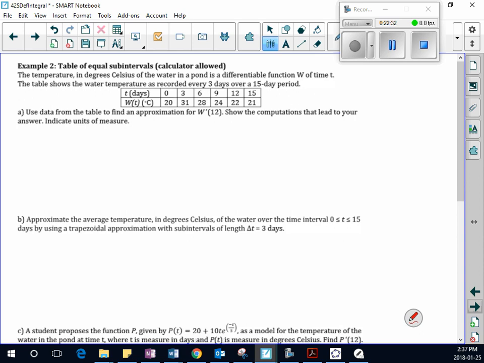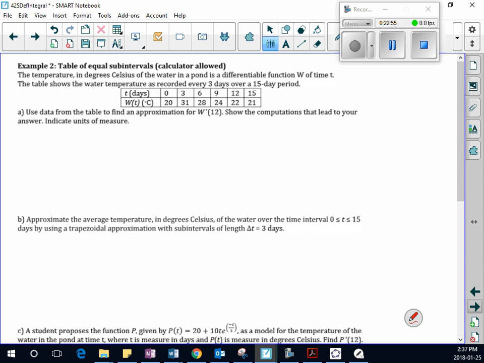Now on the worksheet I'm talking about, there was some that went up by an equal amount, and then there was some that went up by an unequal amount, and that's how it is on the exam. Okay? So it says use data from the table to find an approximation for W prime of 12. Show the computations that lead to your answer.